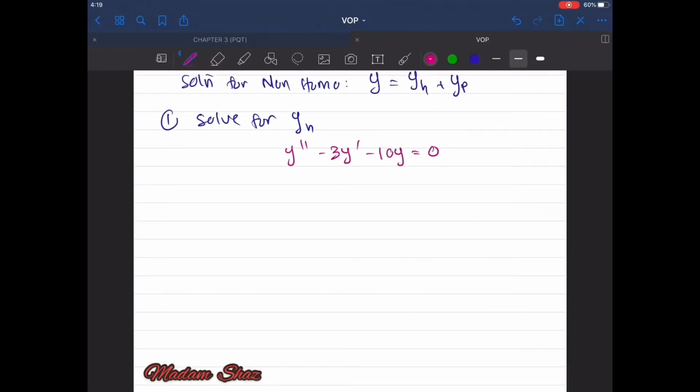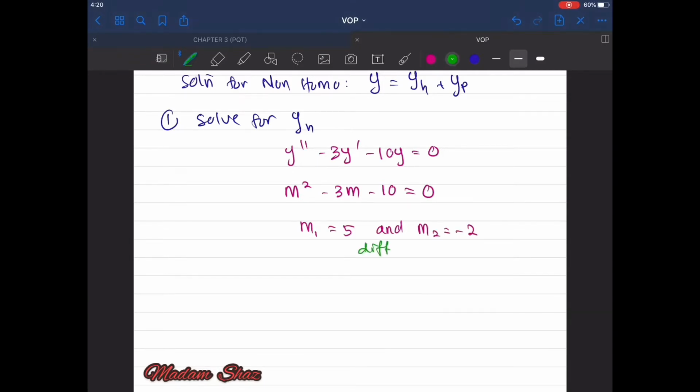We substitute y double prime to become m square minus 3m minus 10 equal to 0. From the characteristic equation, we find the value of m, which is the roots. So m1 is equal to 5 and m2 is equal to negative 2.